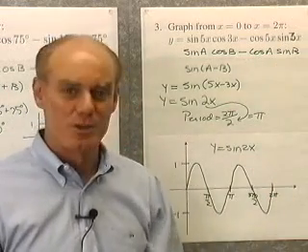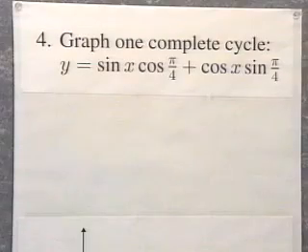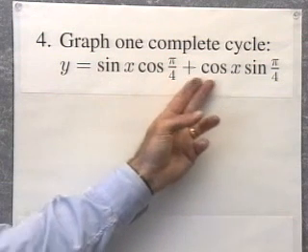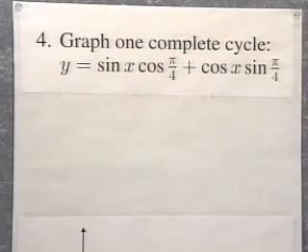Let's go to our next problem, which is also a graphing problem. Problem number 4, graph one complete cycle of y equals sine x cosine pi over 4 plus cosine x sine pi over 4.